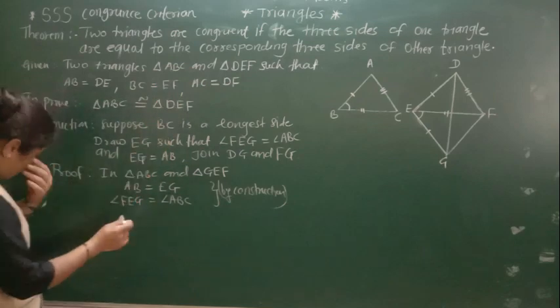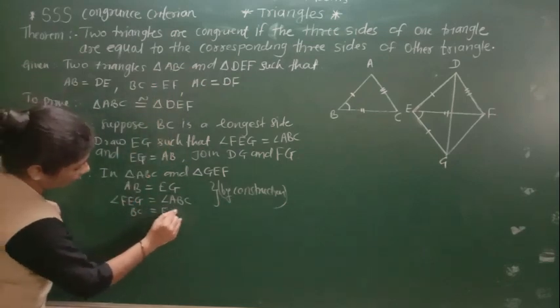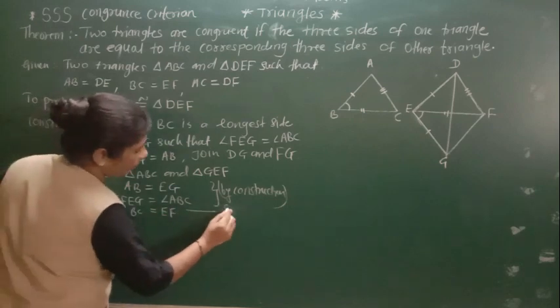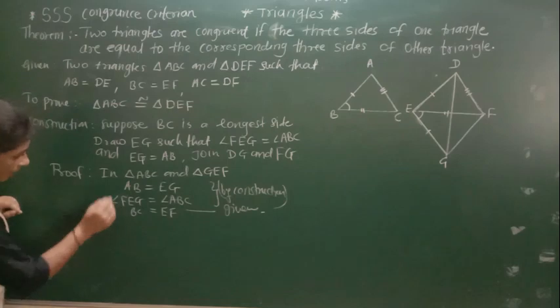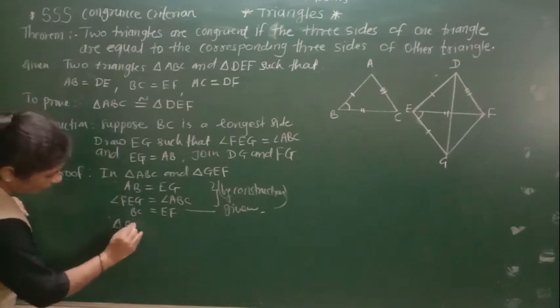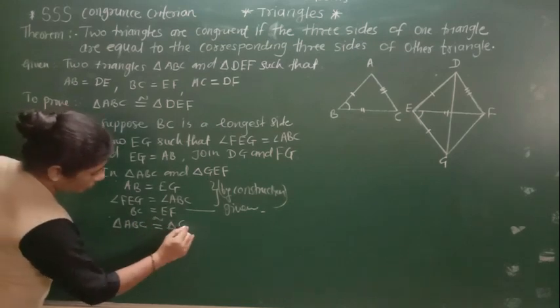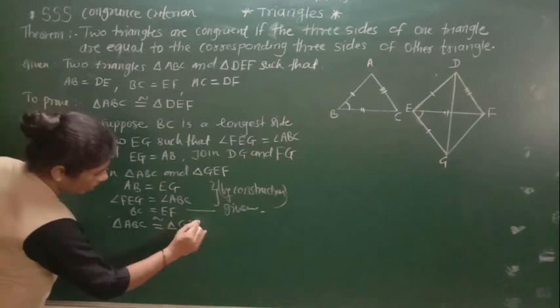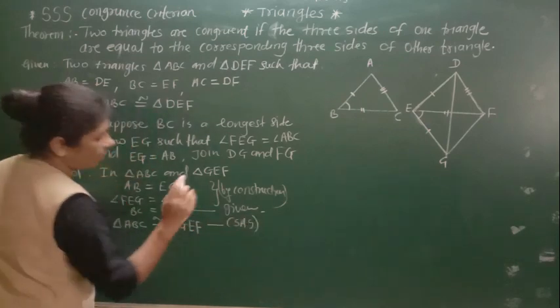And BC equals EF, which is given to us. So by which criterion? Side, angle, side criterion. So triangle ABC is congruent to triangle GEF by the SAS congruence criterion.